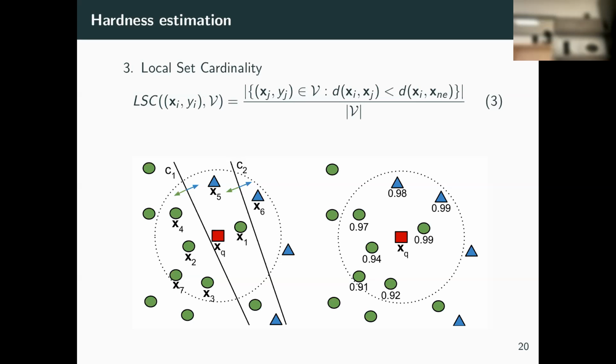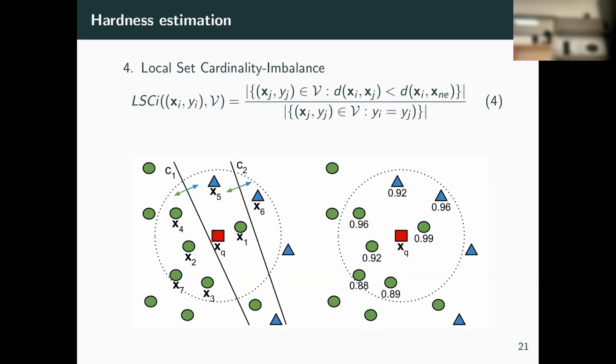So it also conveys the idea of local overlap, but it doesn't have a hyperparameter like the KDN. And the imbalance version is the same measure but normalized by the number of classes.